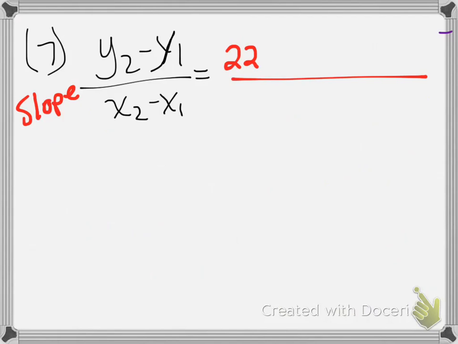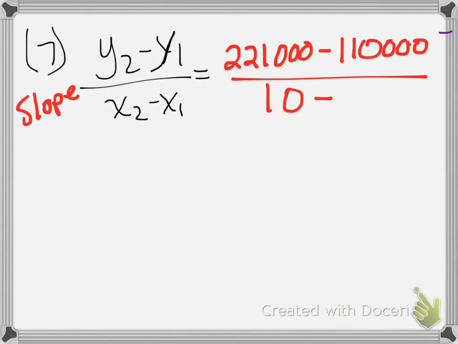So we have 221,000 minus 110,000 divided by 10 minus 0. So this was y2 minus y1 over x2 minus x1. This gives me 1, 1, 1, 0, 0, 0.